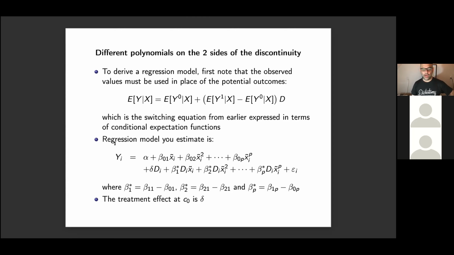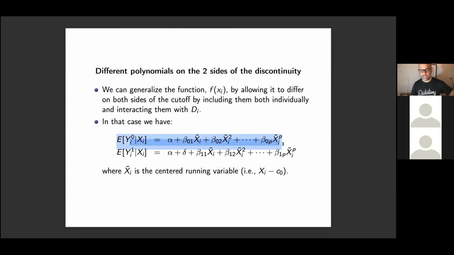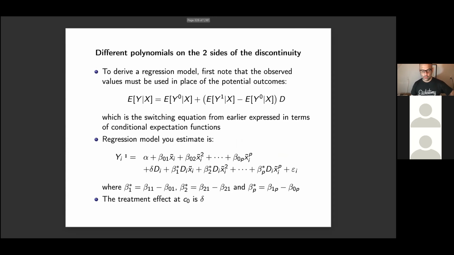So this is going to be our regression model, and notice what we get. This first line is expectation y0, because notice there's no D term. So this is the line below C0.